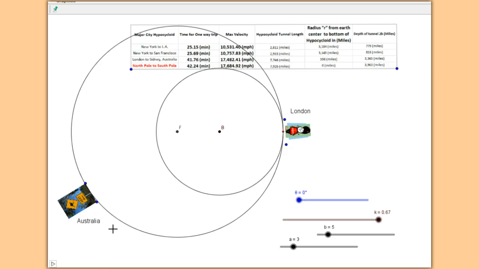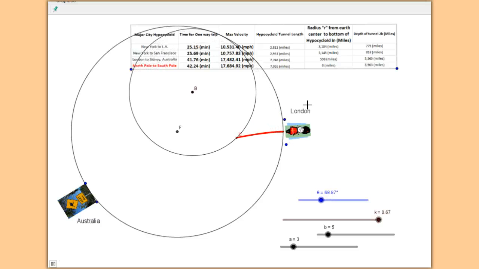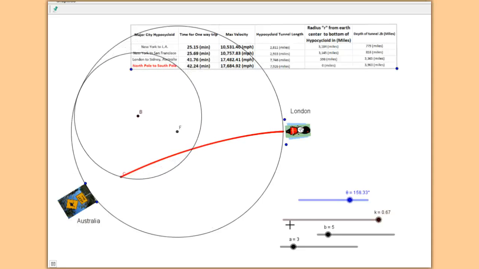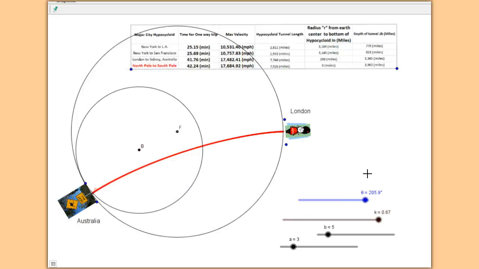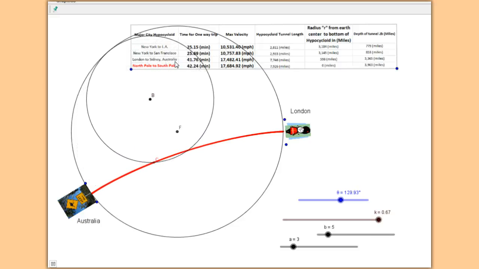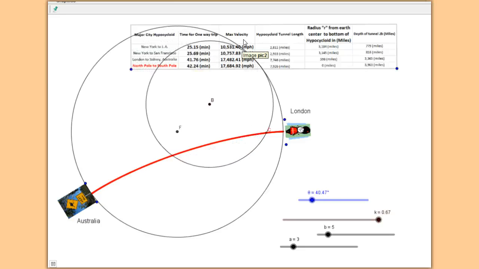So let's draw our hypocycloid. And as you can see, we're rolling our rolling circle around the inside of the larger circle. And our London to Sydney, Australia time for one-way trip, 41.76 minutes.